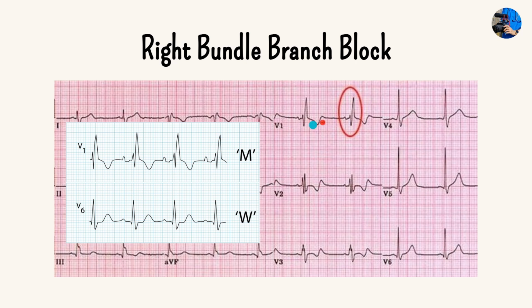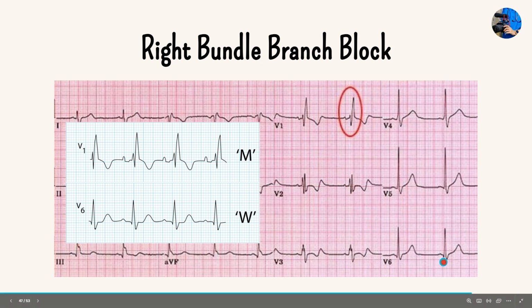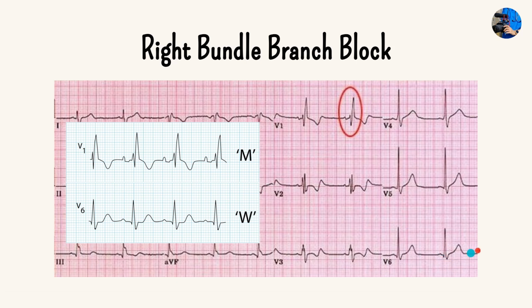You can kind of see it here, it goes like an M there, and then the W shape in V6 you can see slightly there. Again, this diagram is not great, but if you see an M shape in V1 and a W shape in V6, that is indicative of a right bundle branch block.